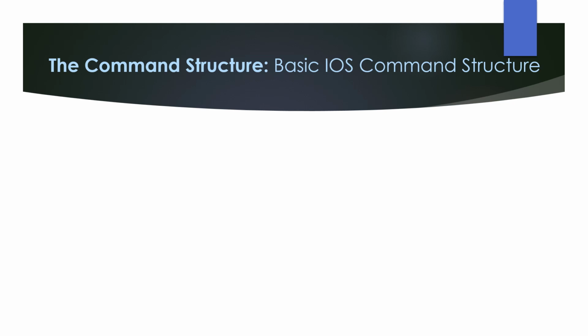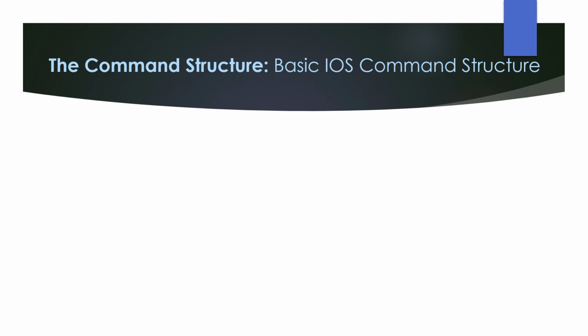A network administrator must know the basic iOS command structure to be able to use the command line for device configuration. A Cisco iOS device supports many commands, and each iOS command has a specific format or syntax and can only be executed in the appropriate mode. So you have to be in the level of the configuration to use that command.